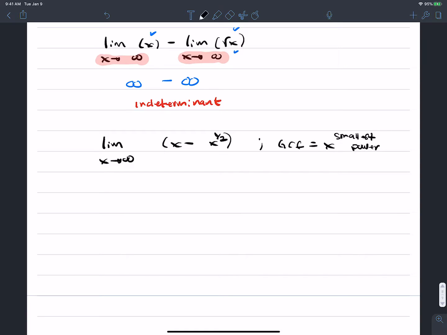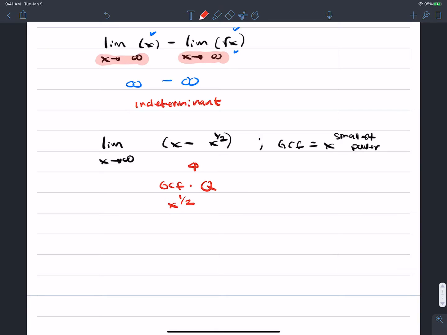Okay, so we're going to factor this here. I'm going to go through the details. We're going to write this difference as a greatest common factor times a quotient. I know this is probably something people need to really review and think about. So if you factor out a greatest common factor, in this case, the GCF is going to be x to the 1/2.